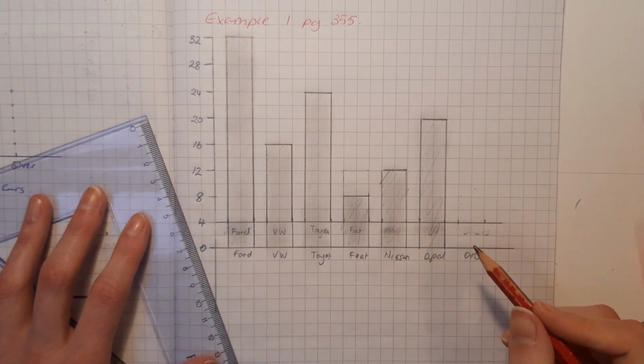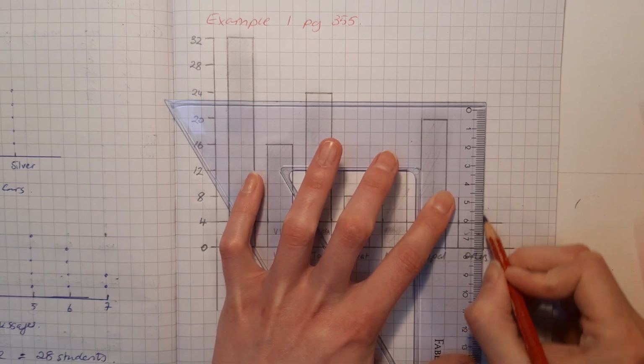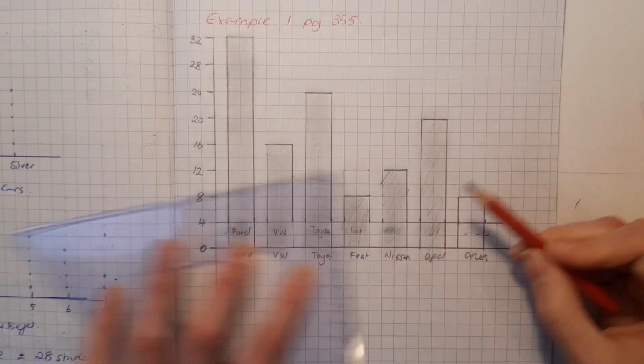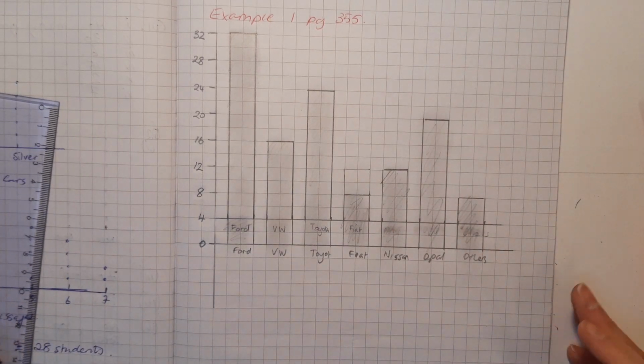And finally, others is 8. Okay, so the bar chart is almost complete.